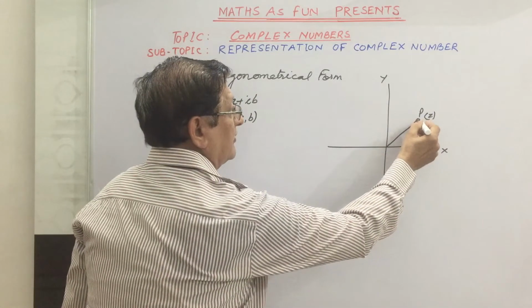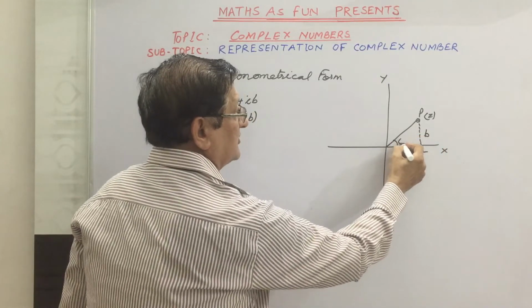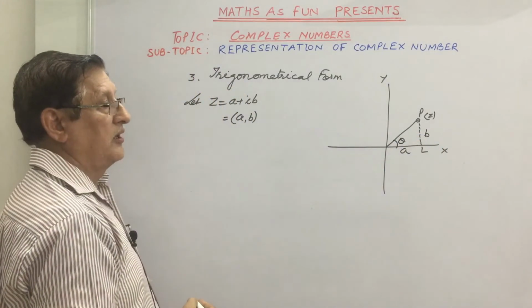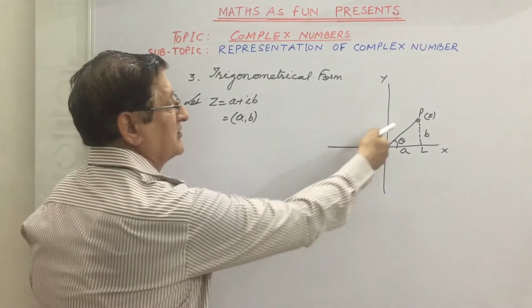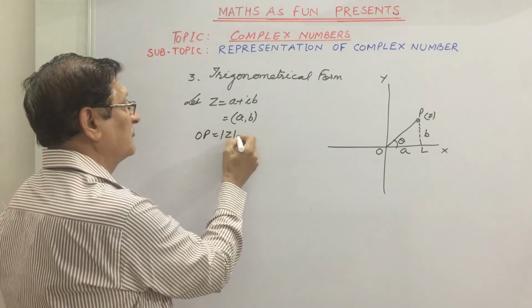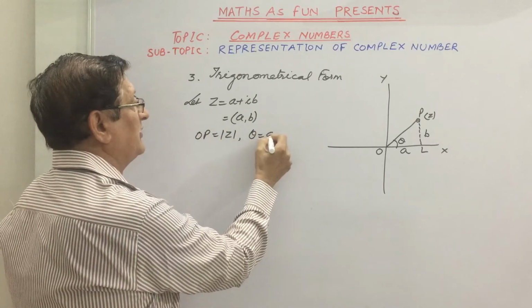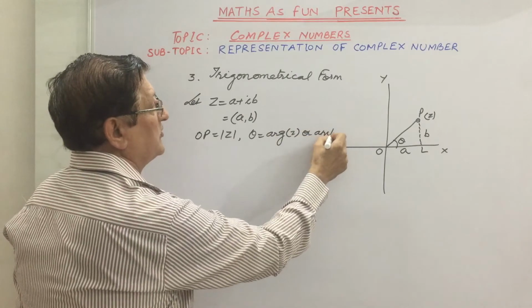And we find here this is A and this is B. This theta is the argument, and OP represents the modulus. OP represents the modulus of Z, and theta is argument of Z or amplitude of Z.